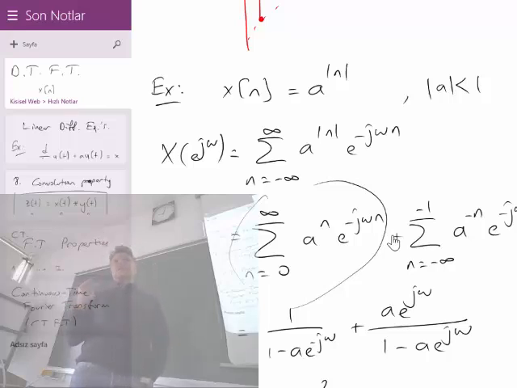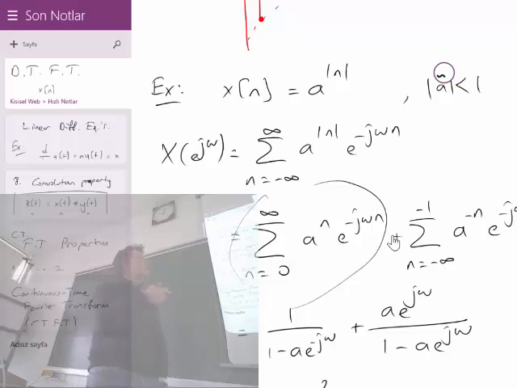Perhaps the two fundamental properties are its representation, its notation is like this: X of e to the j omega. Please don't confuse it with the Fourier transform of continuous time signals, which are indicated by capital X, or whatever signal it may correspond to, of j omega.